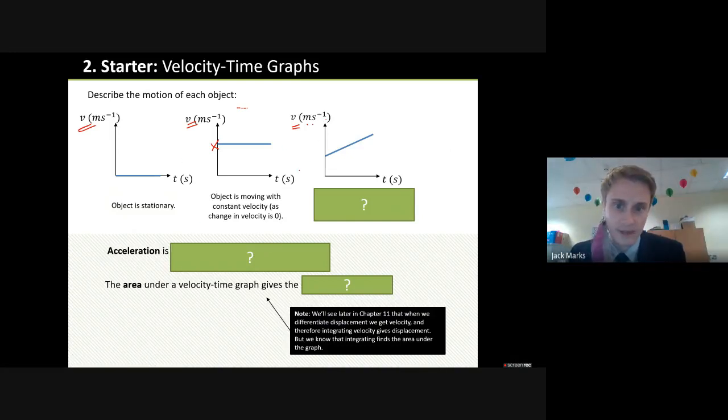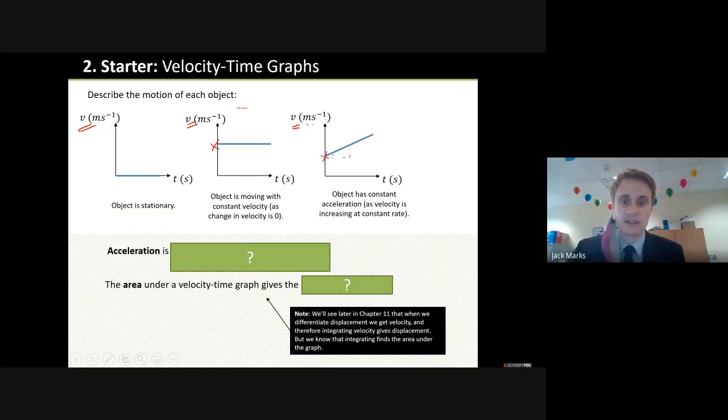How about this one here? It starts with a velocity straight away, and as time goes on, this velocity is increasing and increasing. In other words, it's accelerating. And this acceleration is constant. Think of the name of the chapter here, constant acceleration. And that's shown by the fact that it's a straight line. So what's going on here?